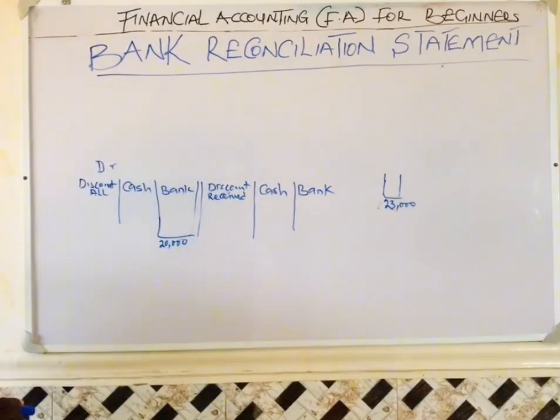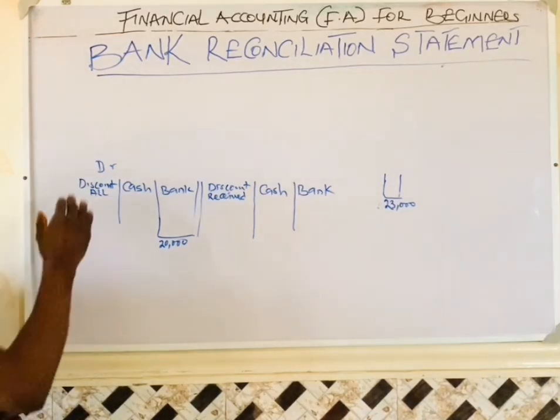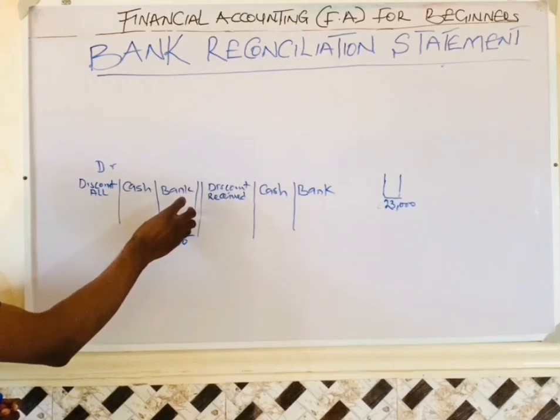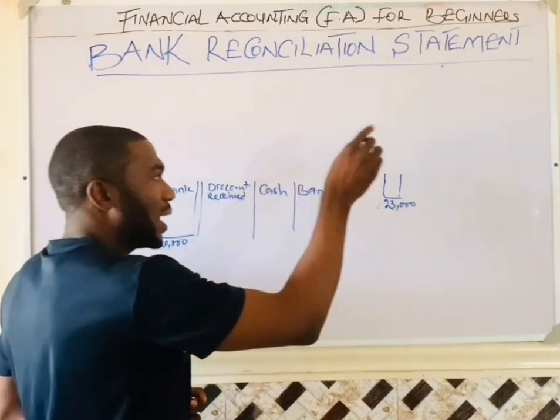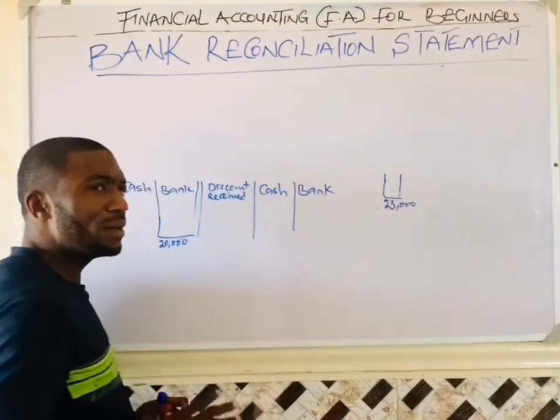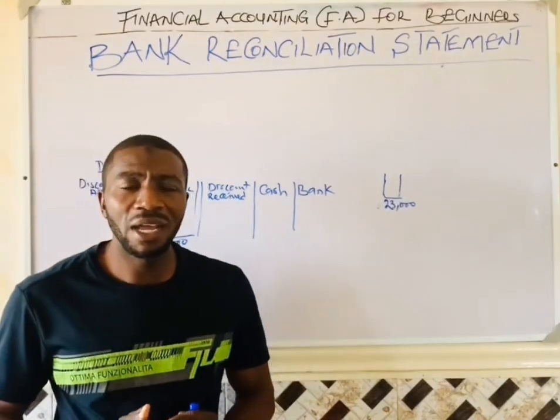So that means there is something hidden somewhere. So we now reconcile the bank column of our cash book with that of the account that we have in the bank, and that is simple as that.